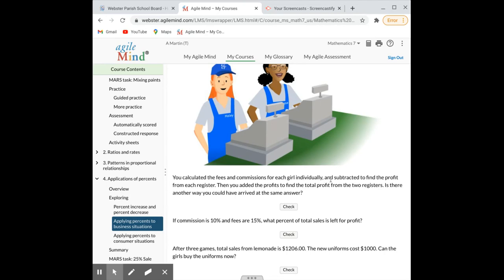Where do you want me to read it? Right here. You calculate the fees and commissions for each girl individually and subtract it to find the profit from each register. Then you added the profit to find the total profit from the two registers. Is there another way you can arrive at the same answer?